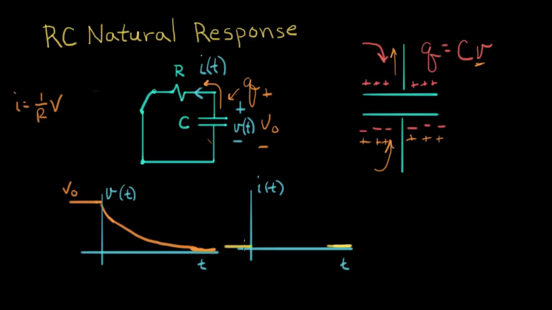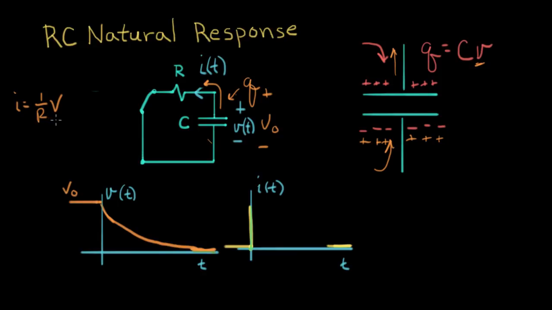So let's look at what the current's going to do. The current right now when the switch was thrown is at 0. As soon as that switch is thrown, as soon as we connect it right here, all of a sudden we have V naught on this side of the resistor and 0 on this side of the resistor. And so there's going to be a sharp current increase going through this resistor here. So we expect this to go up like that, to jump up to some value. What we think the current's going to look like, the current is actually over here.